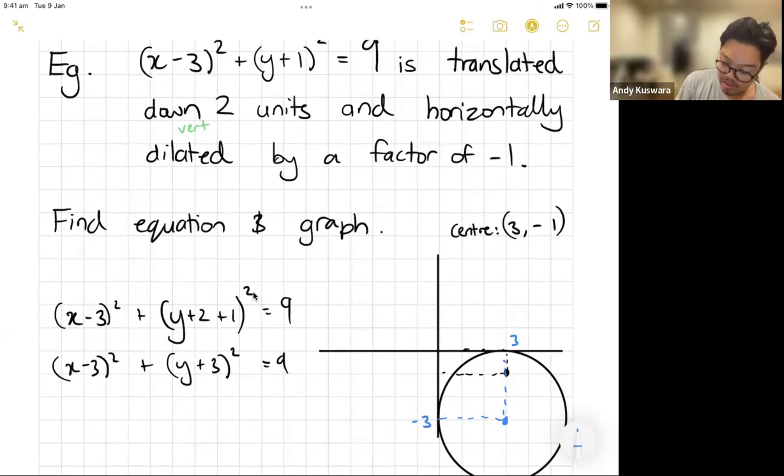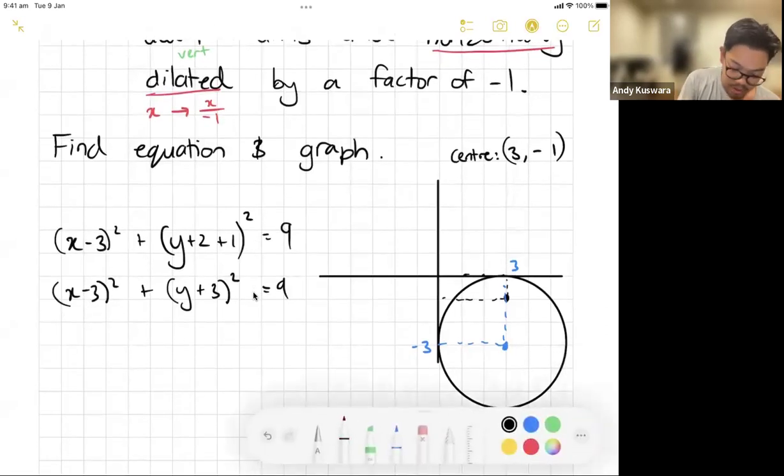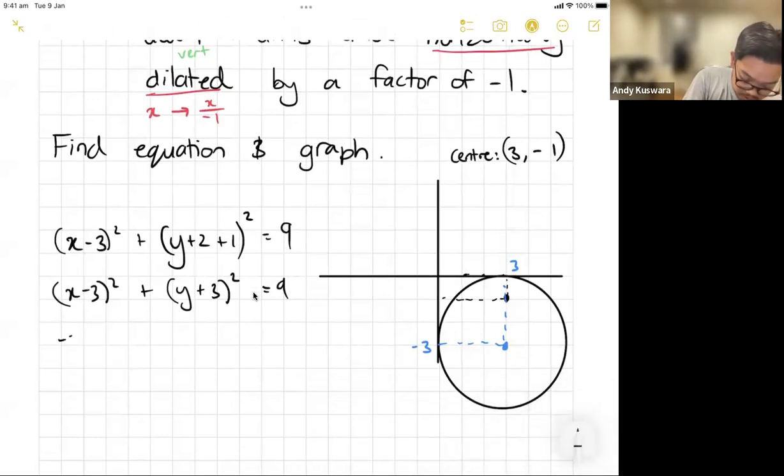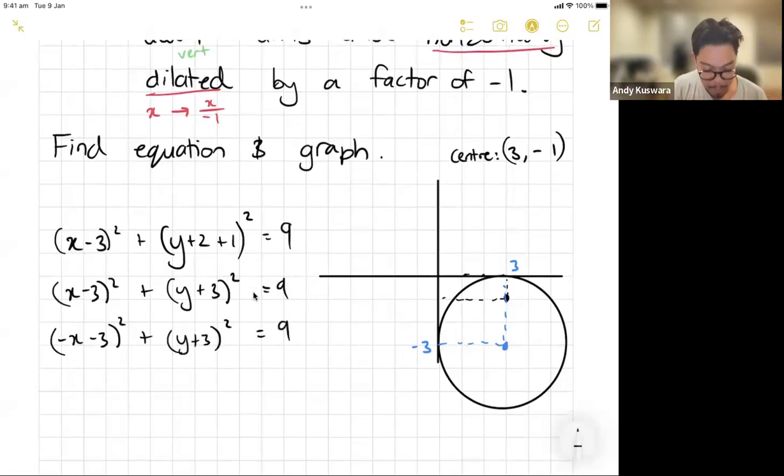Every time we horizontally dilate, let's do this in red, that means I'm replacing x with x on, in this case, -1, in other words, -x. So this is where our life gets a little bit gross. It's going to be (-x minus 3) all squared plus (y plus 3) squared equals 9.